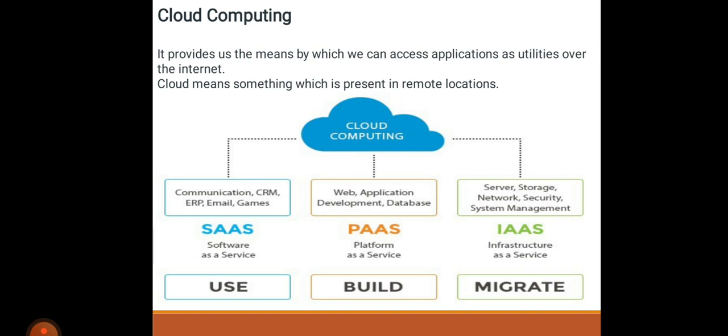Also, SaaS applications are sometimes called web-based software, on-demand software or hosted software. SaaS applications run on a SaaS provider's servers and they manage security, availability and performance also. Examples of SaaS service are Google Docs, Gmail, Office, etc.